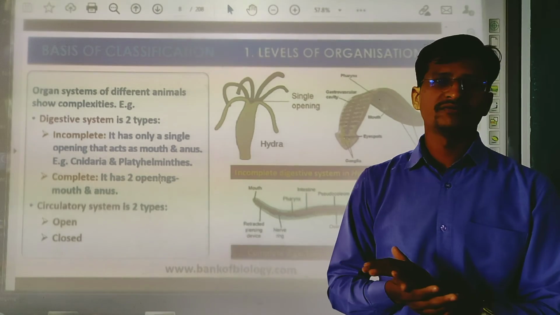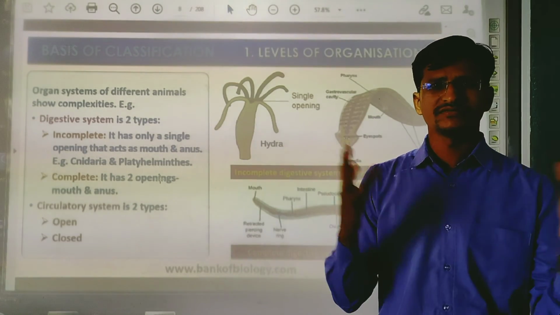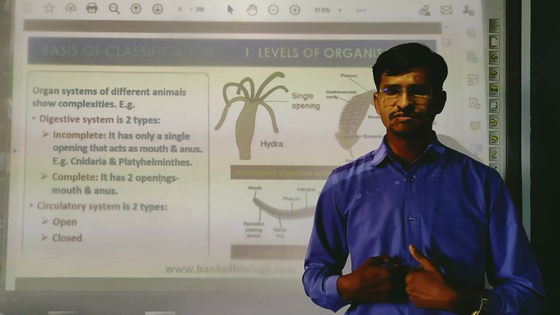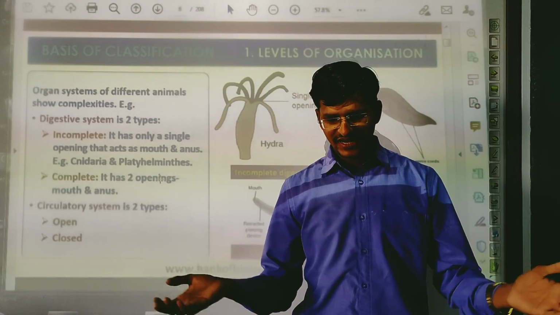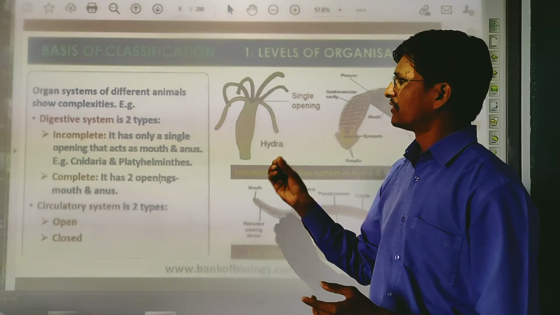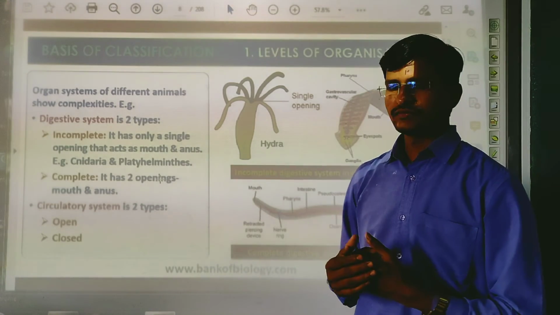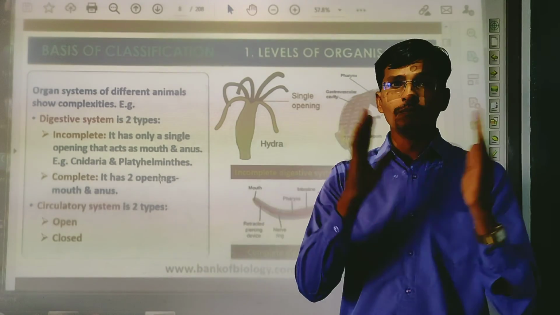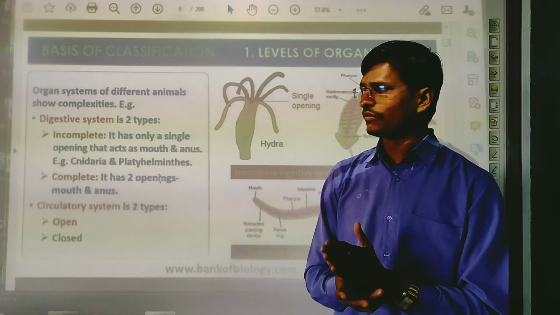Organ systems of different animals show complexities because the systems are different in different animals. Our system is different, in cockroach it is different, in other higher animals it is different. That is also one of the things. The digestive system is of two types: one is complete and the second is incomplete.